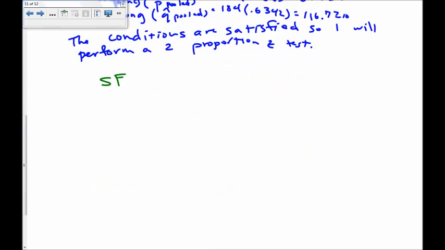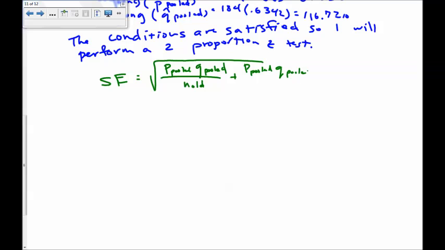The standard error equation is the square root of p pooled q pooled over n old plus p pooled times q pooled over n young.